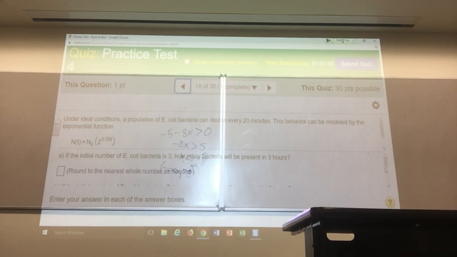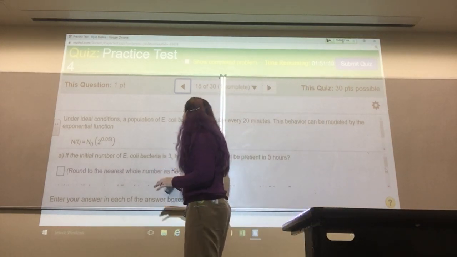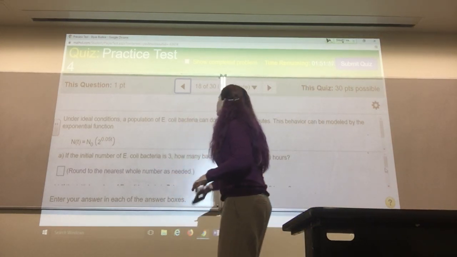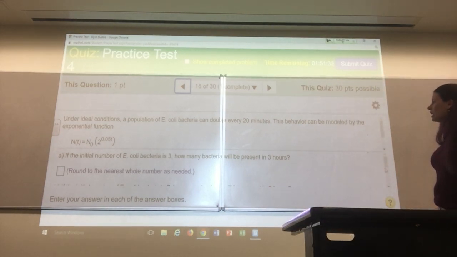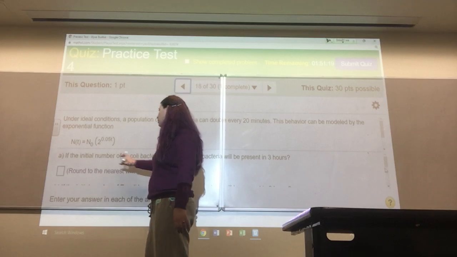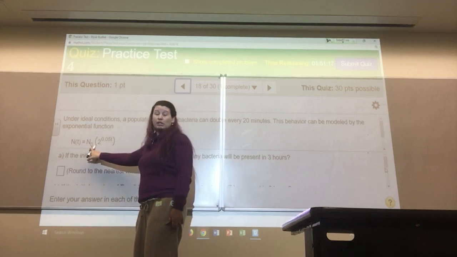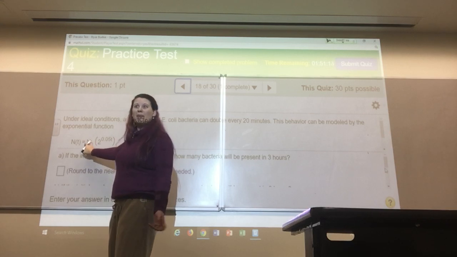All right, so if we're told that we have this equation set up, and we're told that the E. coli can double every 20 minutes, then the initial number of E. coli is 3. How many will be present in 3 hours? Okay, so remember that the N base 0 is basically the original initial amount.